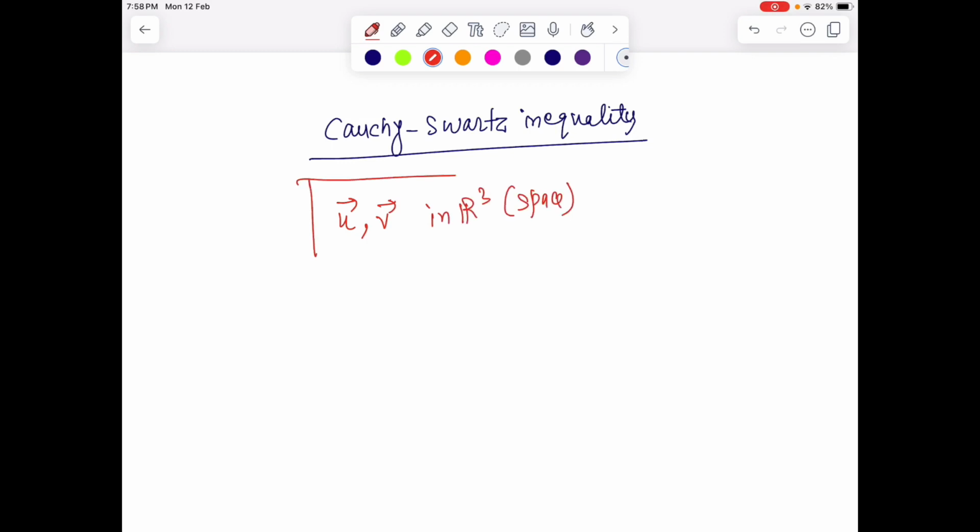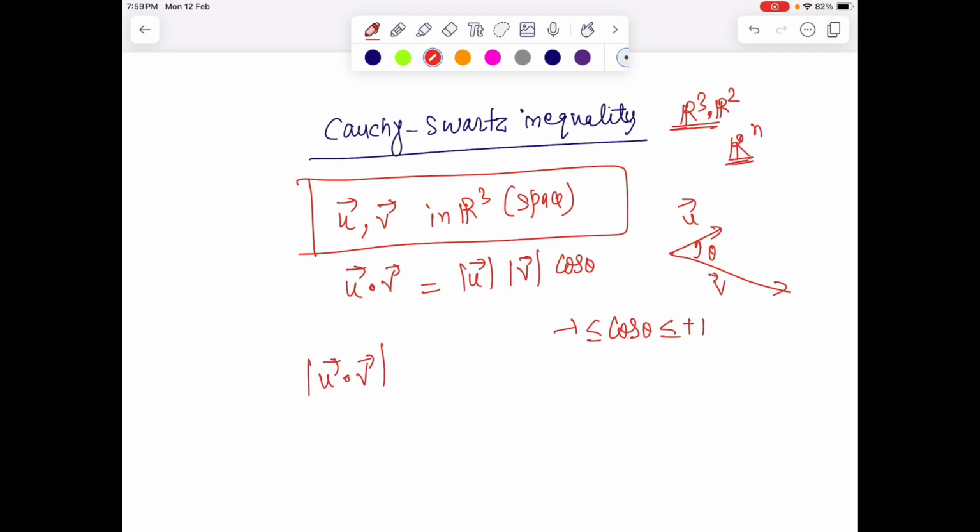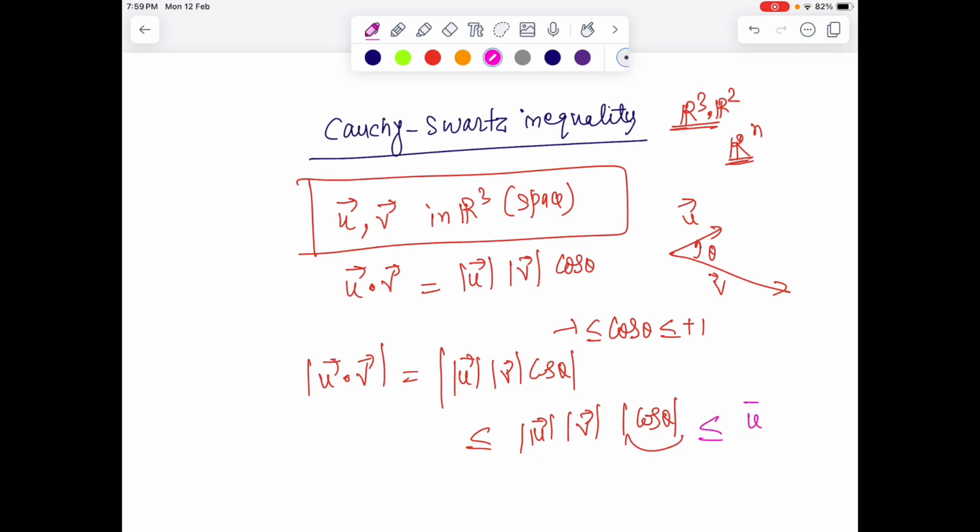And here we go. Let's say we have two vectors u and v. Cos theta is definitely lying between -1 and 1. Hence mod of u dot v will be magnitude of u, magnitude of v, mod of cos theta.